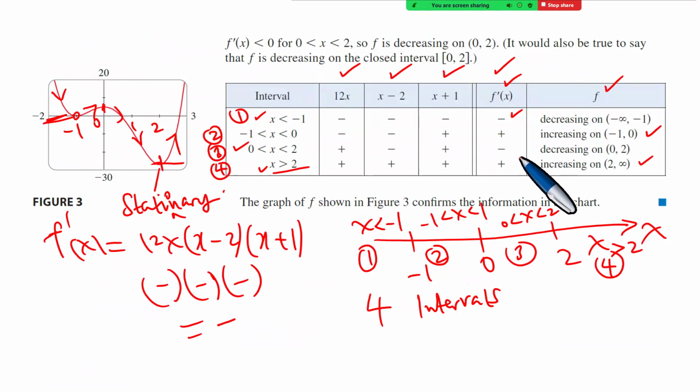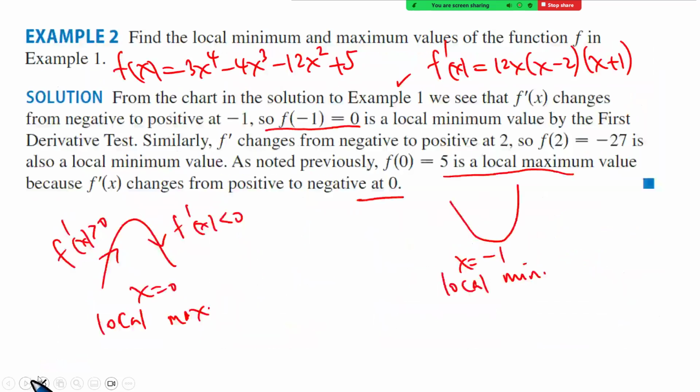You can even look at it from the chart, to the left and to the right, and you can see there's a change from negative to positive on the chart. So at 2, there is most certainly a sign change in the derivative.